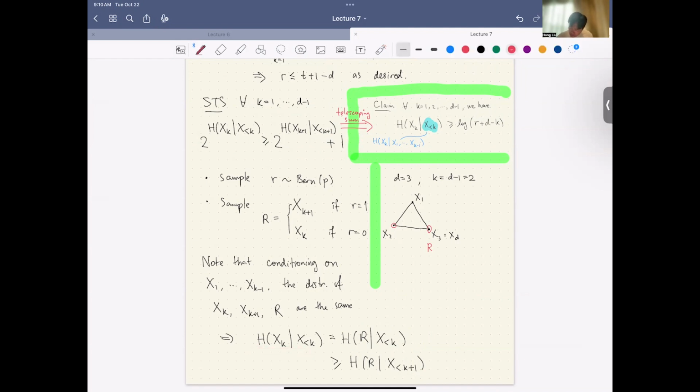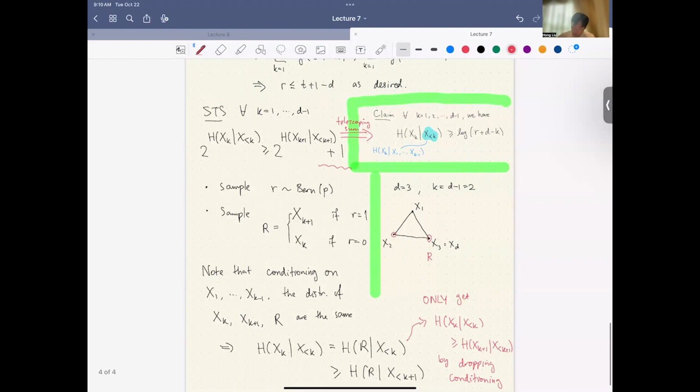So here, we only get h of xk given less than k is at least h of xk plus 1 given less than k plus 1 by dropping conditioning. But our goal is to have this plus 1 here. This is the key thing.